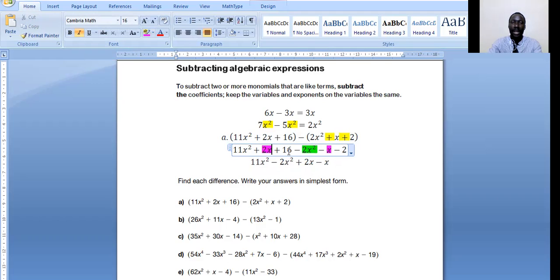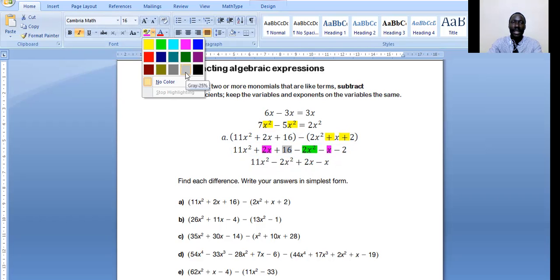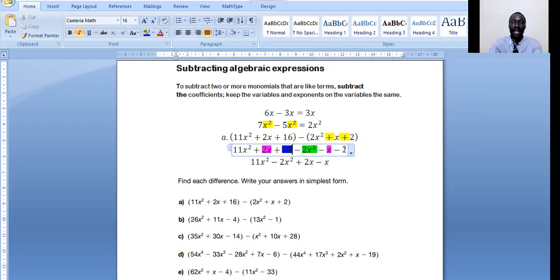Then finally, we have 16. This 16 and this other 2 are also like terms, and so we put them together. We will have plus 16 minus 2.